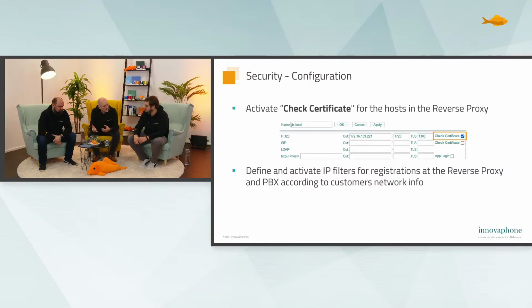That's the IP filter in the PBX, yes, so that it knows a registration from the reverse proxy is trusted because it's within an allowed network, and in the reverse proxy you also have the settings to define from which IP address ranges you allow a registration to the reverse proxy, so that you can block, let's say, some common areas.